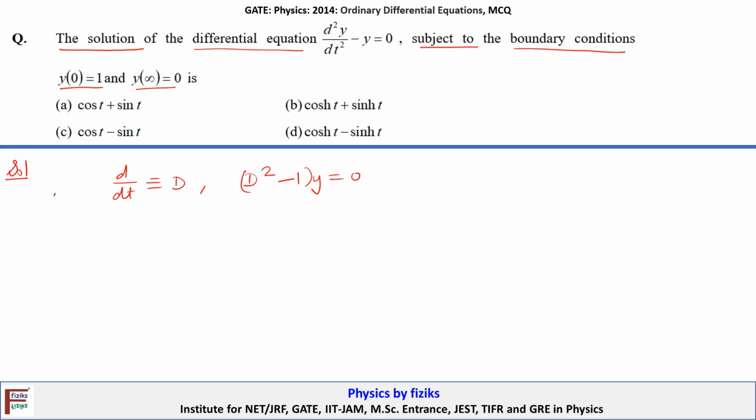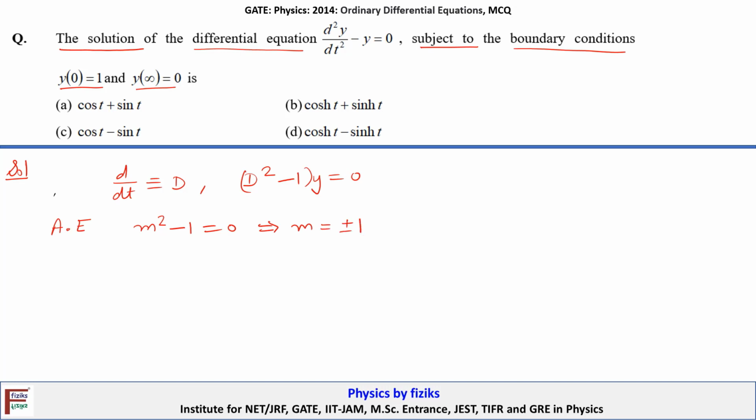Now from this differential equation we can write the auxiliary equation, by substituting D is equal to m, then m square minus 1 is equal to 0, and from here we got m is equal to plus minus 1.